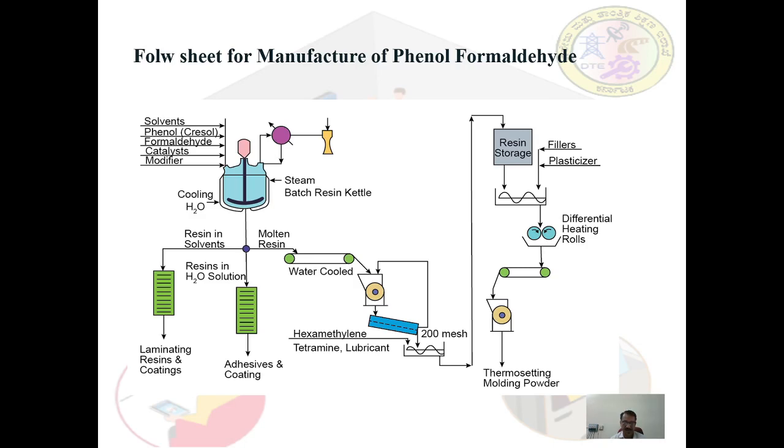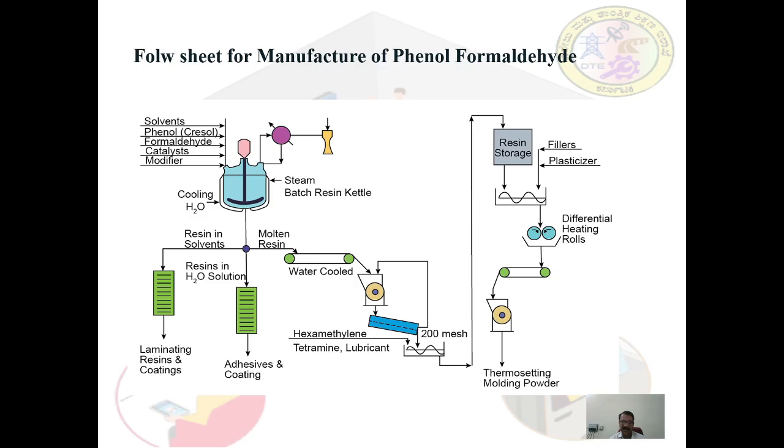The polymerization process for the manufacture of phenol formaldehyde is an exothermic one, and heat is controlled by a batch reactor as the viscosity of the material changes rapidly.